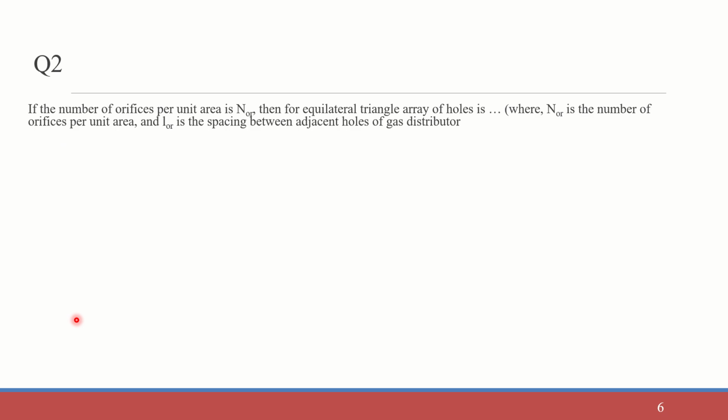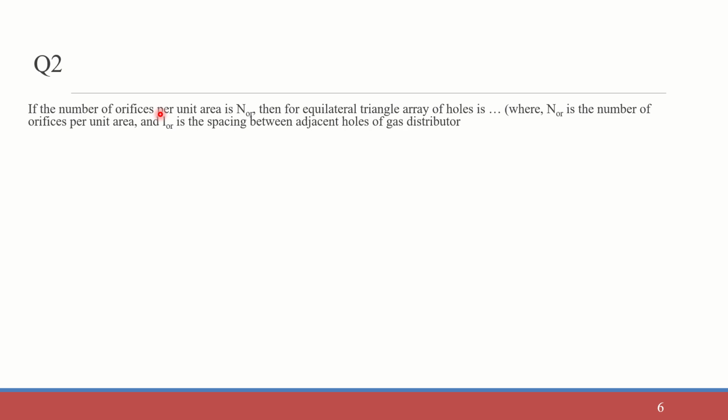In question 2 it is given that if the number of orifices per unit area is NOR, then for an equilateral array of holes it is dash. So NOR is the number of orifices per unit area.